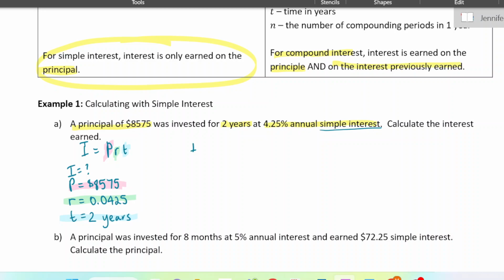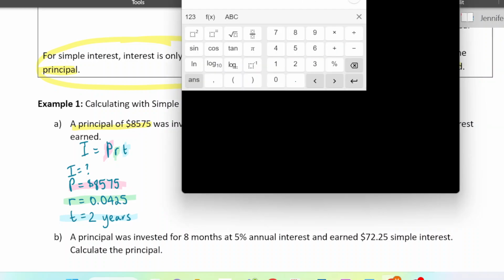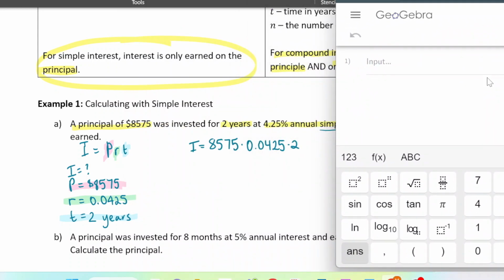So it's I equals 8,575. I don't bother with the units when I'm putting it into the equation. 0.0425 and then times 2. So I'm going to pull up my calculator here, and I would just enter this all at once. So it's 8,575 times 0.0425 times 2.